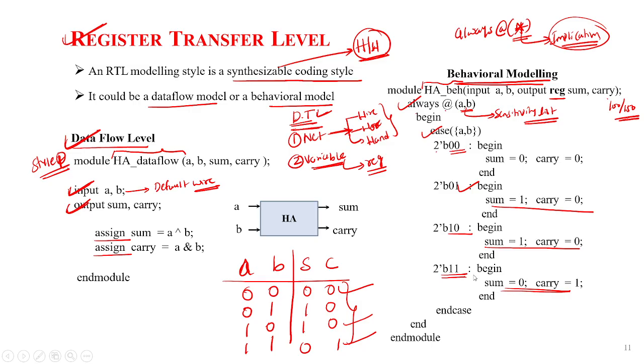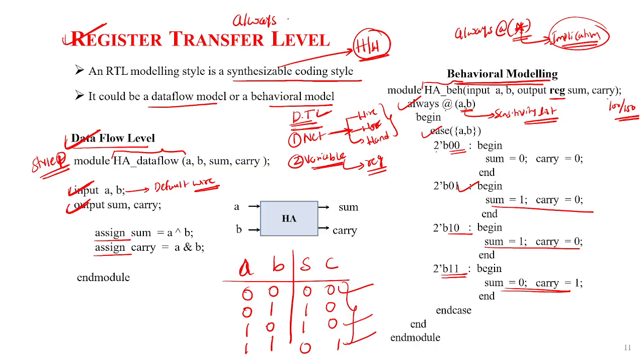In the behavioral model, sir, do we get any flip-flop or latch here because we are using reg? No, we will not get. Here we are writing for the combinational circuit only.